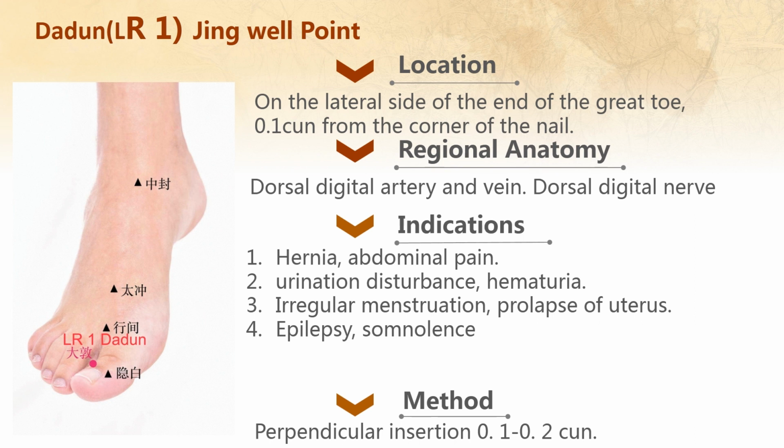Hernia, abdominal pain, enuresis, retention of urine, urination disturbance, irregular menstruation, and prolapse of uterus are all its indications. The operating method is perpendicular insertion 0.1 to 0.2 cun, or prick to cause bleeding.